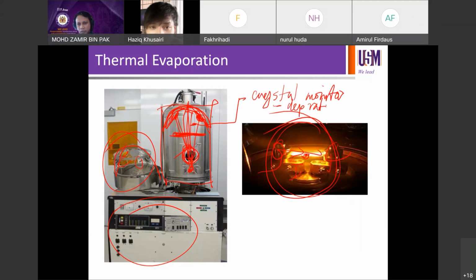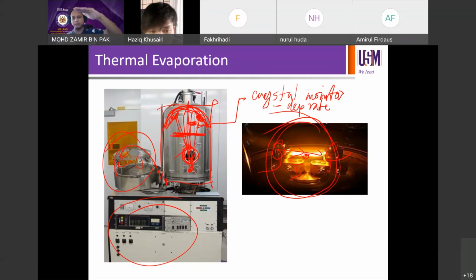So at that point, you can actually see how many angstrom per second is being deposited on the substrate. Sebab you monitor kat tengah ni, macam letak tepi sikit lah, sebab you tak nak dia block kan. Tapi that will actually read the real-time deposition rate that you are actually depositing now.